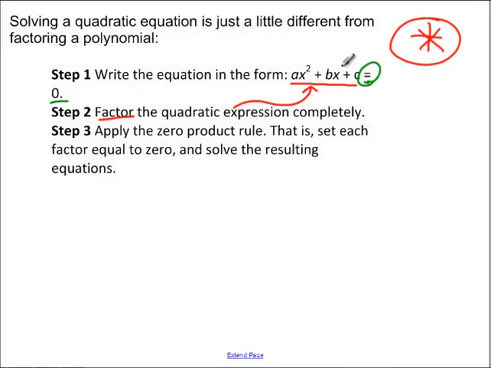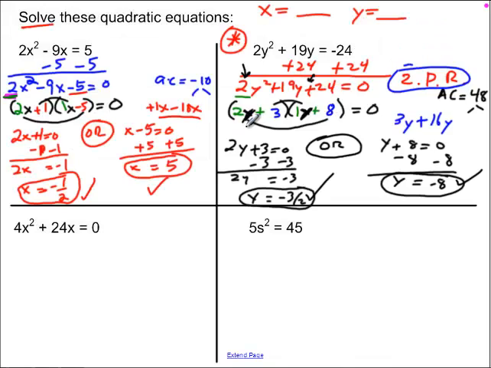So write the equation such that everything is on the left side with an equal sign and 0. Factor completely. We've done that a lot. And then apply the zero product rule: a is equal to 0 or b is equal to 0. Sometimes we'll find that there's more than a and b, and we might get to that today.